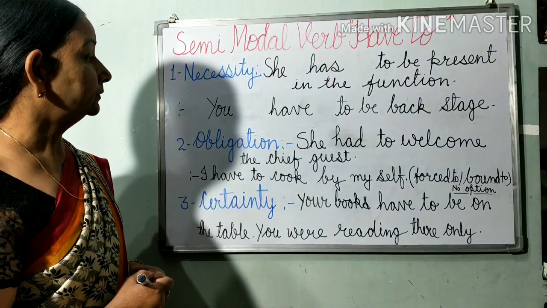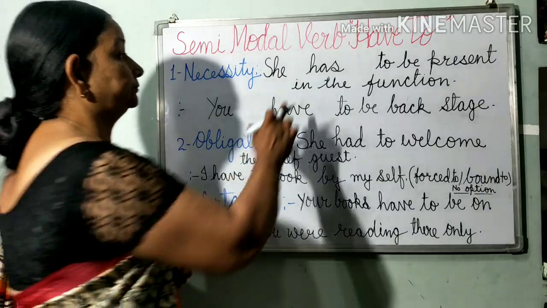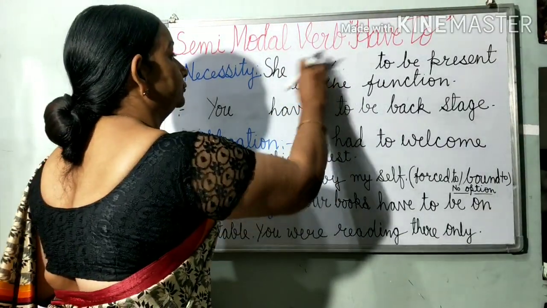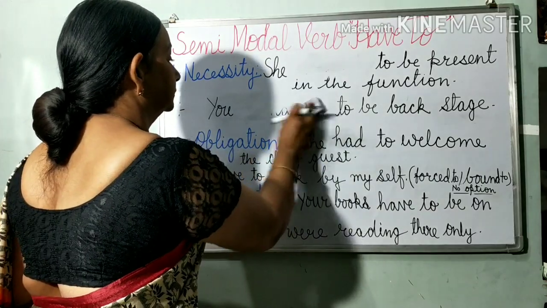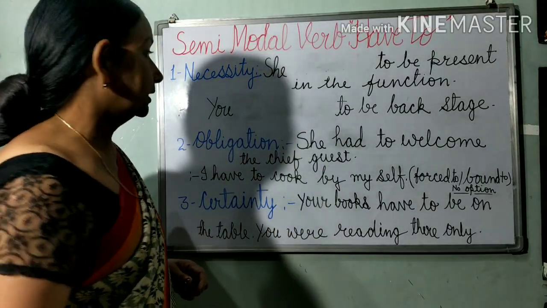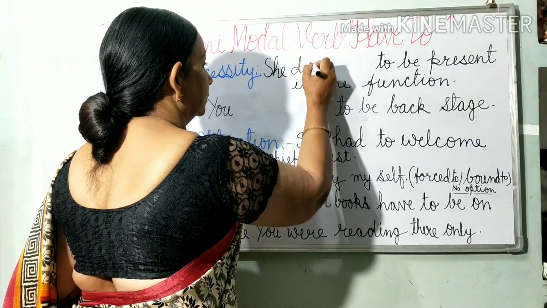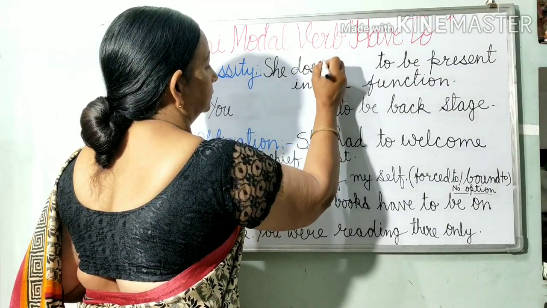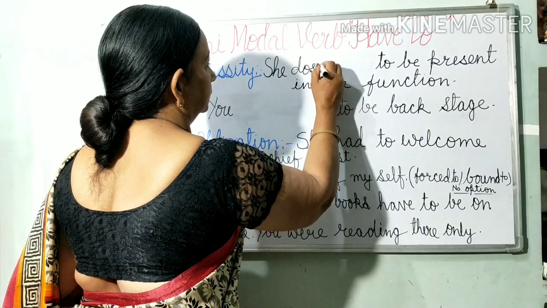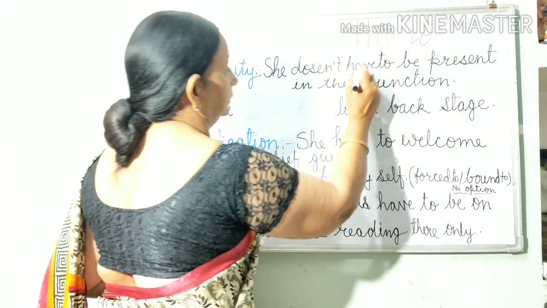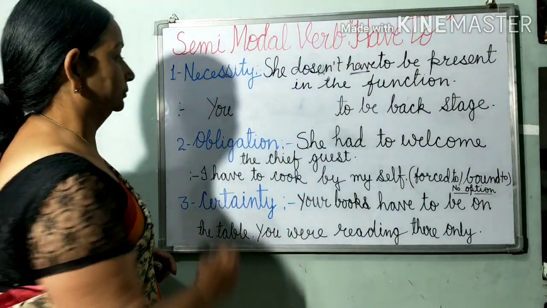Next come negative sentences. How to form a negative sentence using "has to", "have to"? "Has to", "have to" become main verbs, and "She doesn't have to." Here it will become "have to".